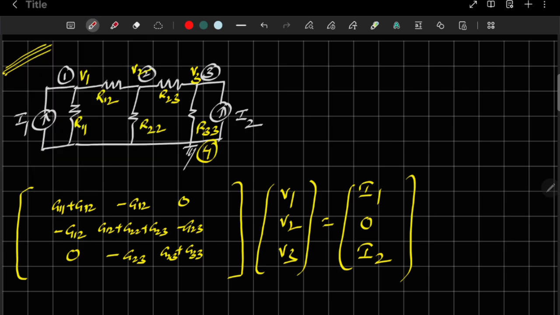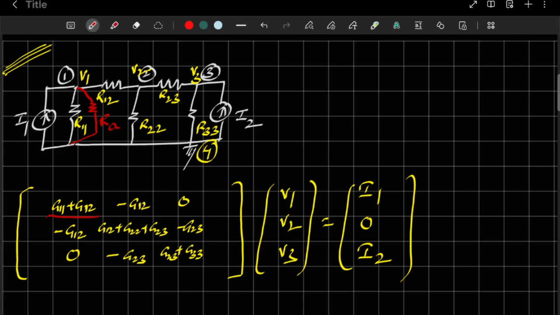If I take one new resistor in between node 1 and 4, and I am calling this RA, then what will happen? Actually, this G11 plus G12 is related to node 1 only, but now node 1 is with RA also, so correspondingly we will get a conductance GA.